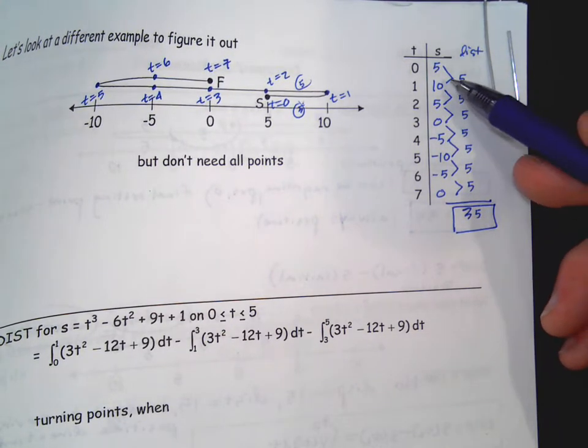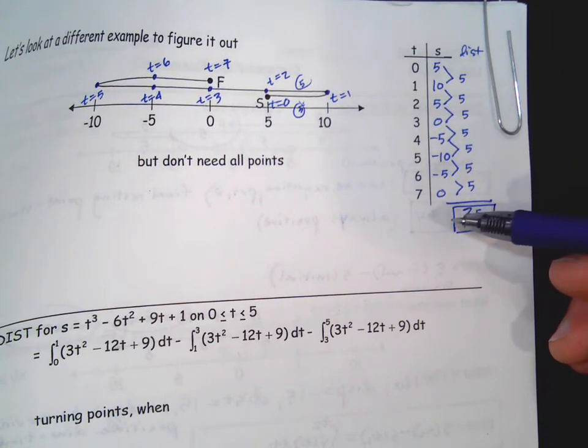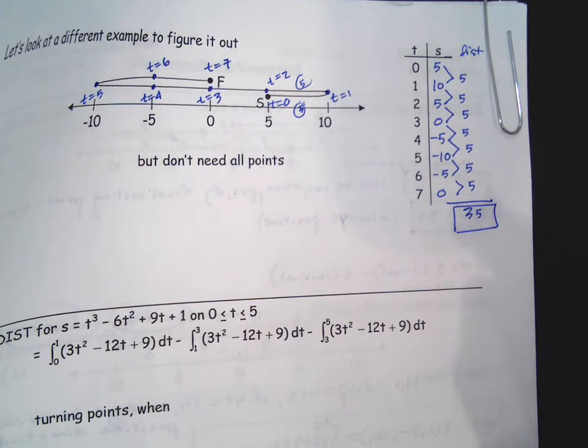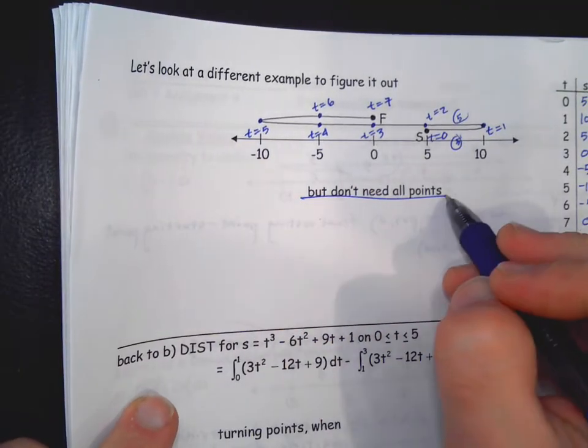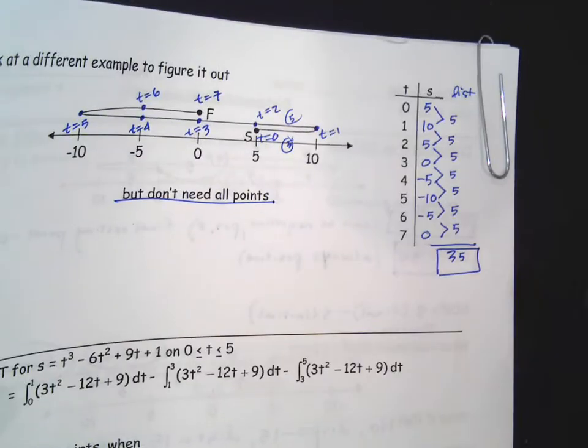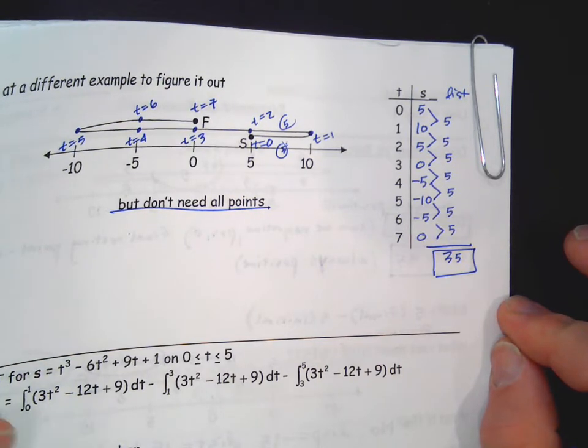But do we really have to do all these points? And what about the points in between? We really could keep breaking this down. But really, there's just certain points that make the difference. We don't need all the points. Which points are the ones we really need in our table to get the right number? If we skip the wrong ones, we'll get the wrong answer.